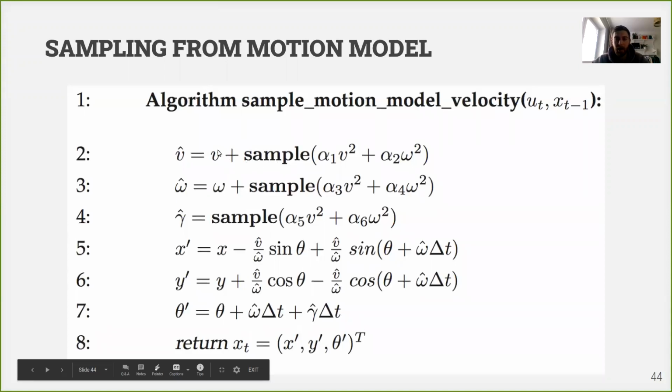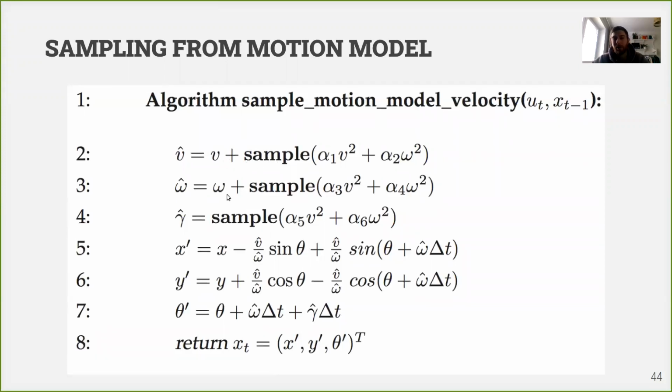So for example, if we commanded our robot 0 angular speed and 1 meter per second linear speed, by sampling from some noise model, we will add some additional factor here.